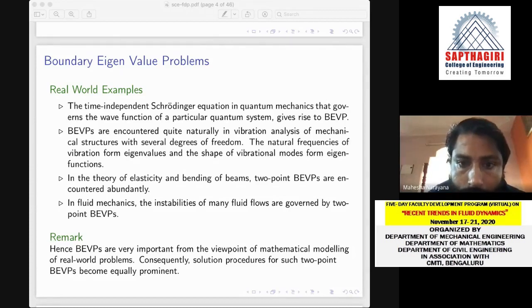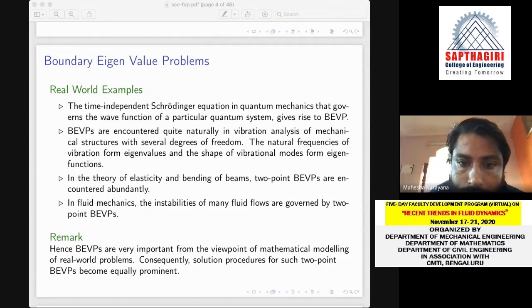So with all this said, what we can remark at this point is, from the viewpoint of real-world applications, boundary eigenvalue problems are very important, and the solutions for such problems are also equally prominent.